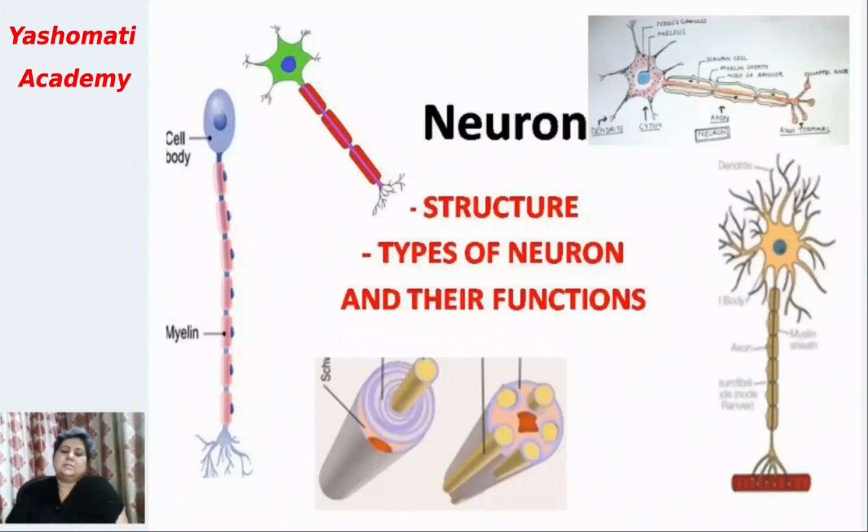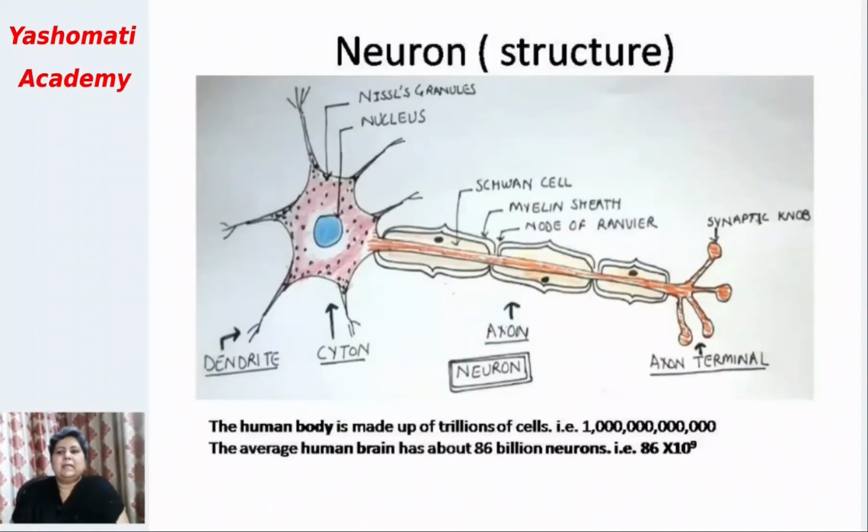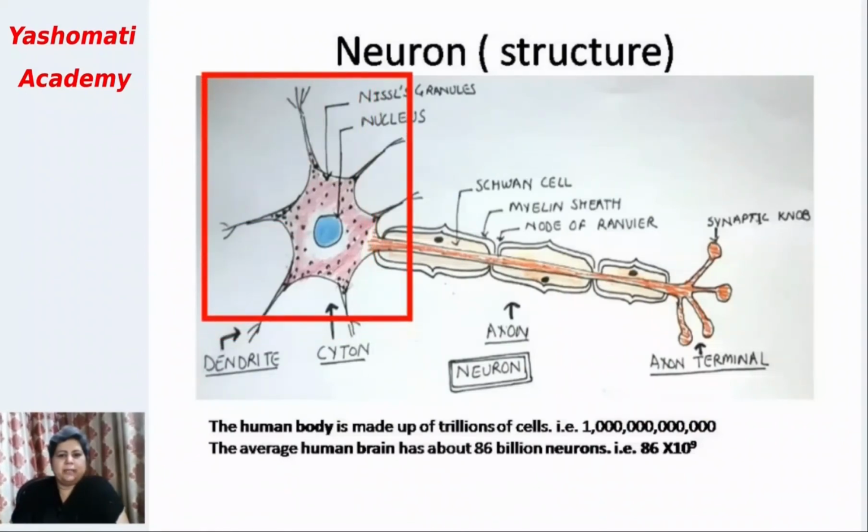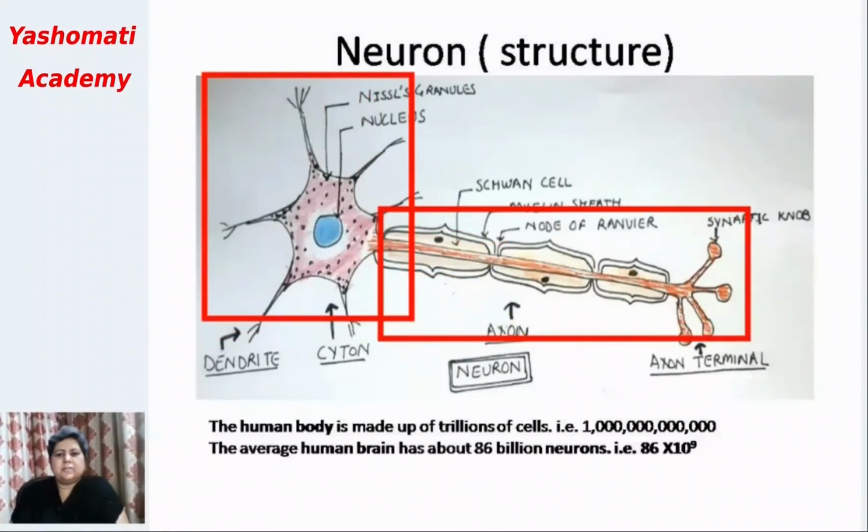As far as the neuron is concerned, we all know by now that the neuron is that part which forms the structure and performs all the functions of the nervous system. The main function of the nervous system is that it helps us to understand the changes which are happening in our environment. As far as the structure of the neuron is concerned, it has three parts: its star-shaped cell body, its long cylindrical shape which is called the axon, and from the star-shaped cell body there are small projections arising which are called dendrites.